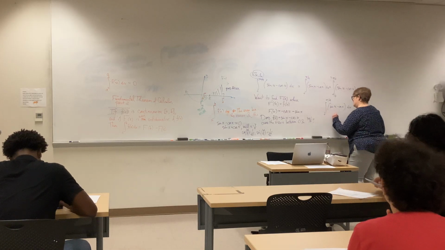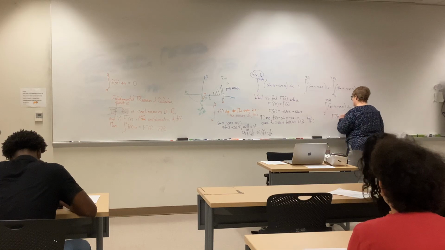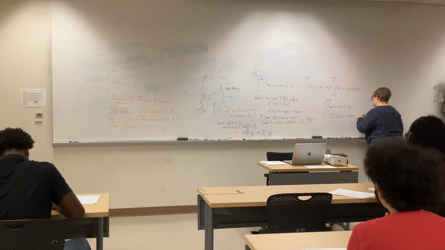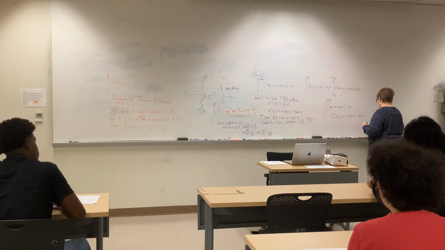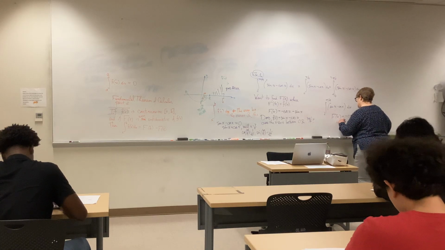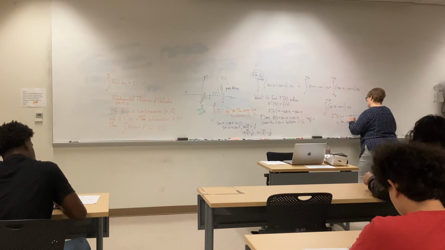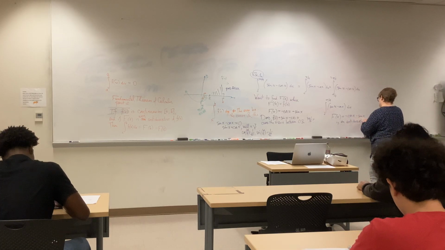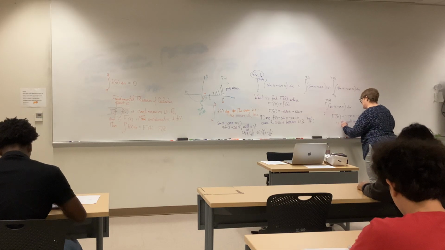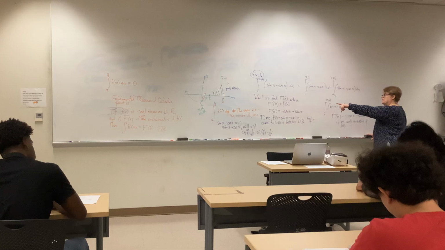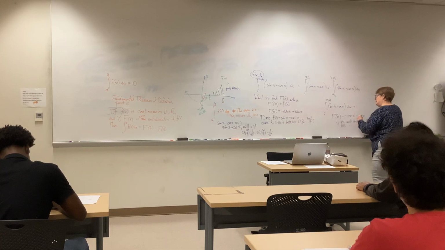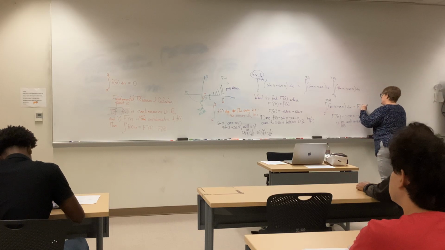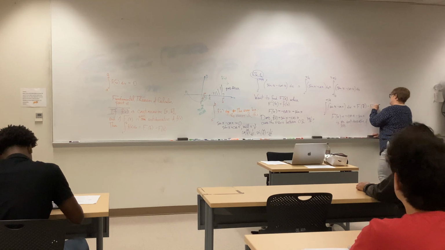We said that capital F of x equals negative cosine x minus sine x is an antiderivative of little f of x. And that means by the fundamental theorem of calculus part 2 that we have F of pi over 4 minus F of 0.